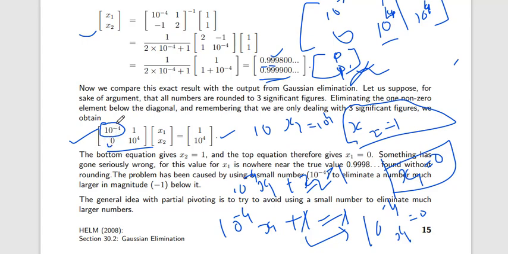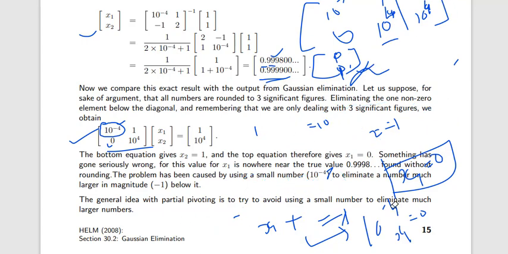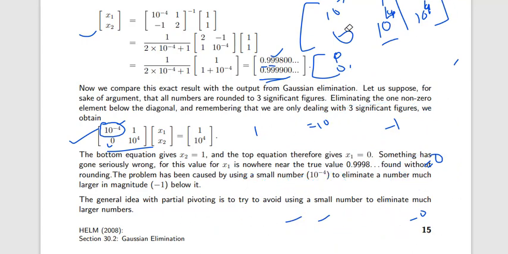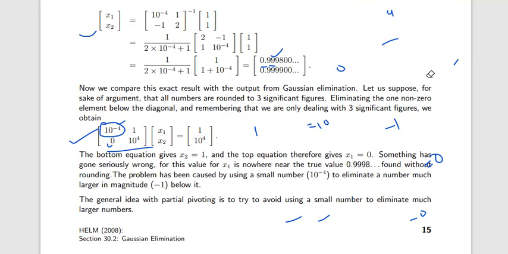Okay, so in Gaussian elimination we take the first column, and what is the comparison between 0 and minus 10 raised to minus 4? 0 is much greater than 10 raised to minus 4. So here we use partial pivoting in Gaussian elimination.